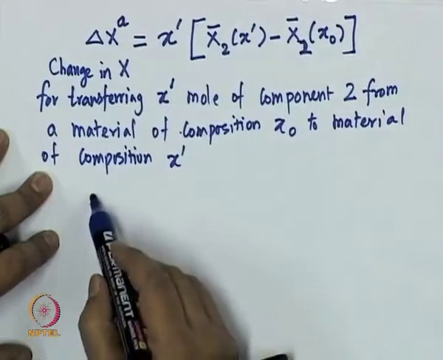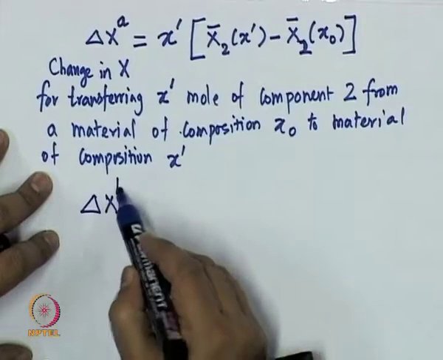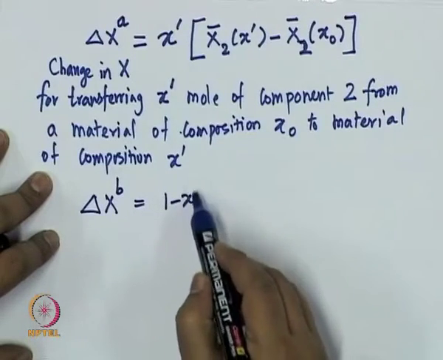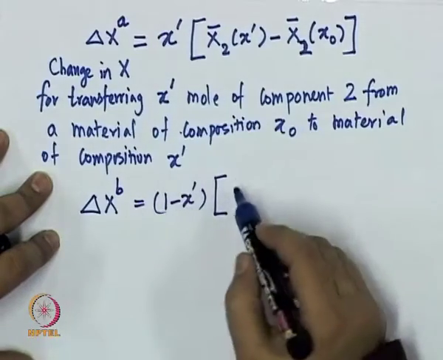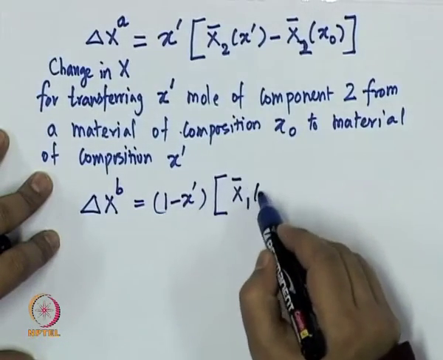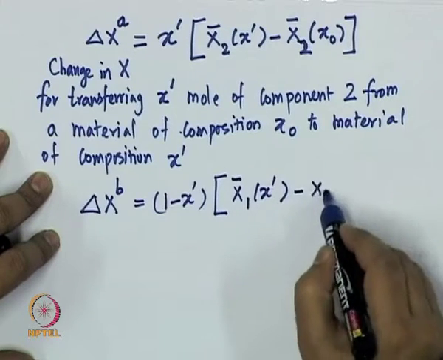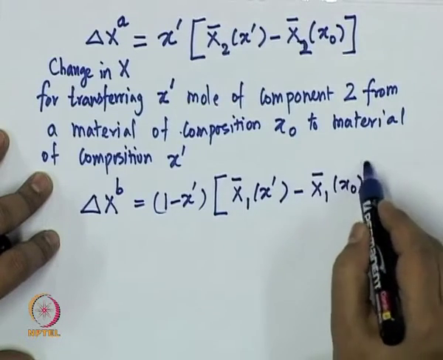In a similar fashion, let me call del x b, that will be given by 1 minus x prime, because remember this is a binary alloy. So, it is 1 minus x prime, then x 1 bar of x prime minus x 1 bar of x naught.